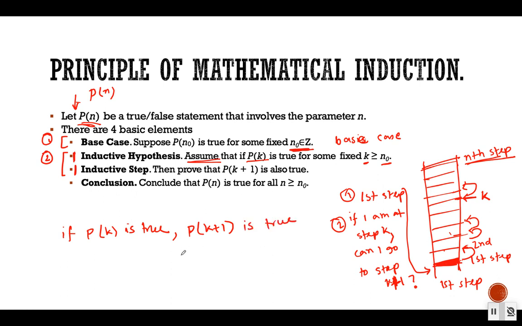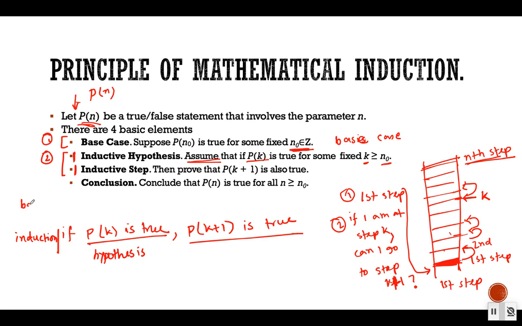We're going to assume Pk, so that's why this is our hypothesis, and we are going to prove that if Pk is true, then Pk plus 1 is also true. So that's our induction.